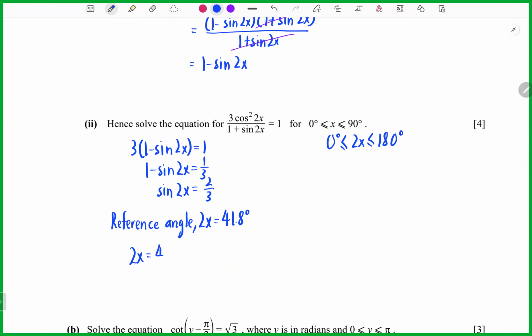So take 41.8 degrees, and then 180 minus 41.8, which equals 138.2 degrees. Now divide by 2: 41.8 divided by 2 gives 20.9 degrees, and 138.2 divided by 2 gives 69.1 degrees.